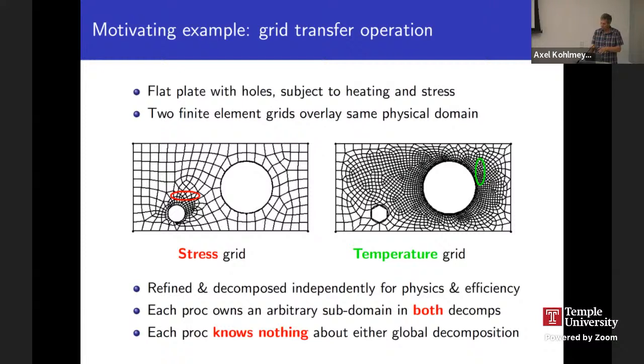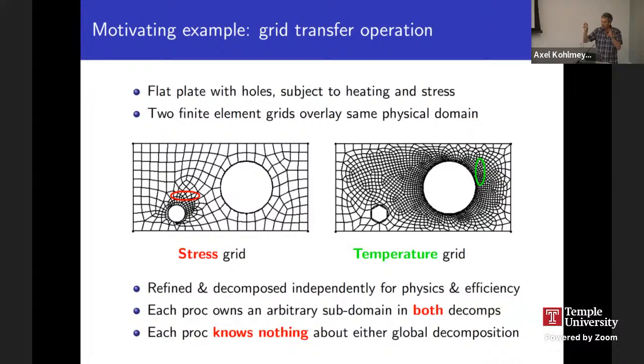And then if you partition it equally, that one grid on processors one way and the other grid a different way on the processors, so they have equal number of elements, for example, then you also get efficient solutions to those two equations. So the idea is because you're decomposing them independently and partitioning them differently and refining them differently, that means each single processor is going to own some cells in both decompositions, but those are completely independent of each other.